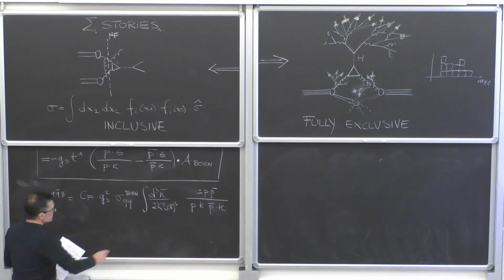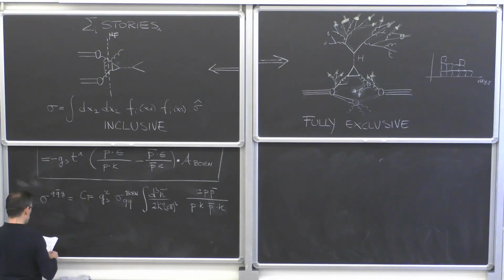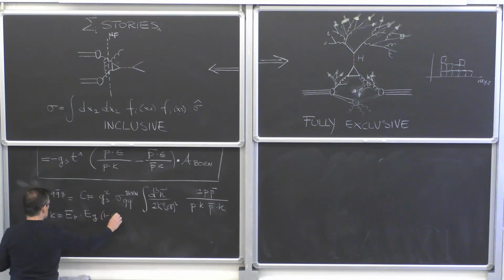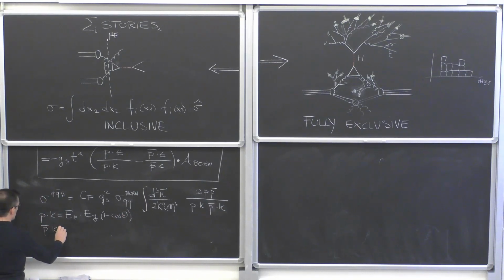So what is this p dot k? p dot k is the energy of the gluon times the energy of p, times 1 minus cos theta. And p bar dot k is the similar thing.